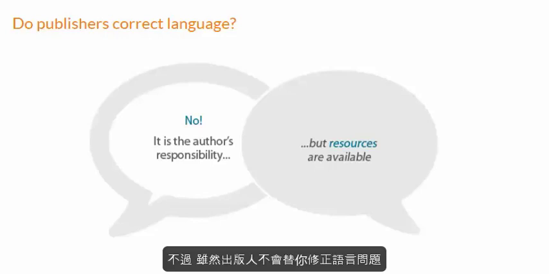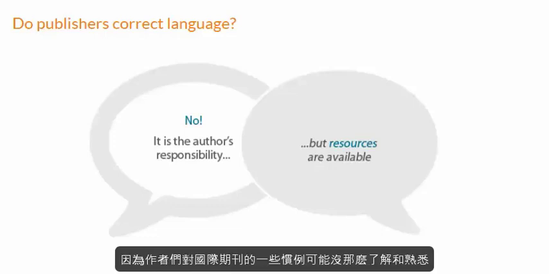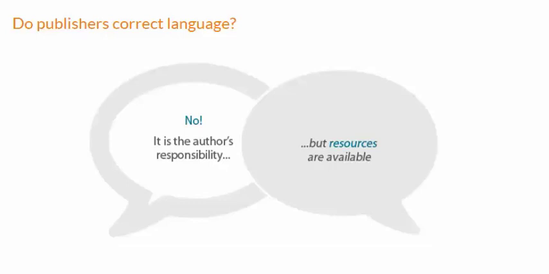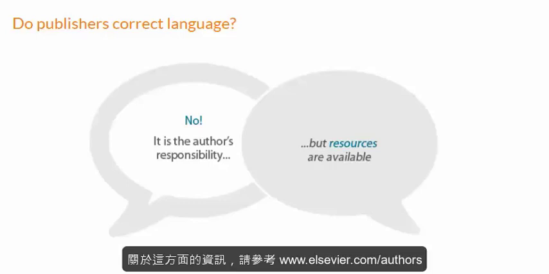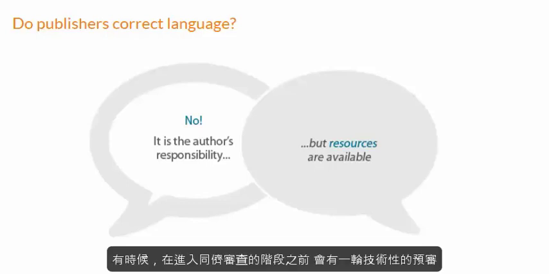Although publishers don't correct language, they do often provide resources for authors who are less familiar with the conventions of international journals. Please check www.elsevier.com/authors for more information. Sometimes, a technical screening service is also available prior to peer review.